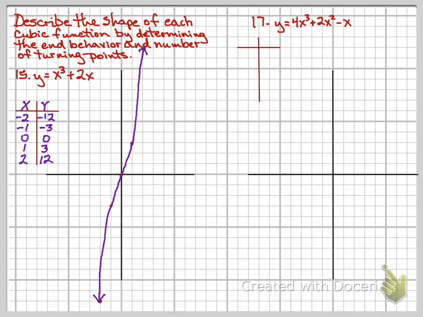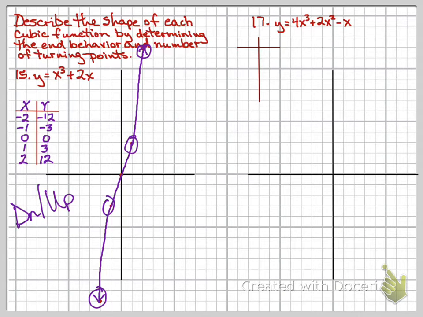All right, now we can see that we start down, we end up. So down, up is our end behaviors. Our number of turning points: we kind of see a bend here and a bend here, but it never really changes directions.